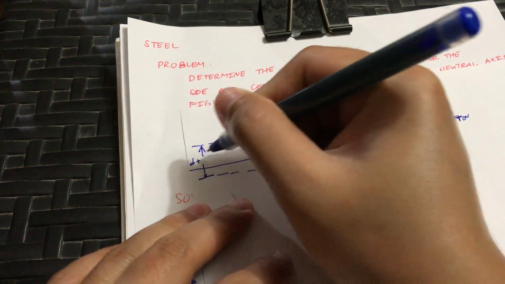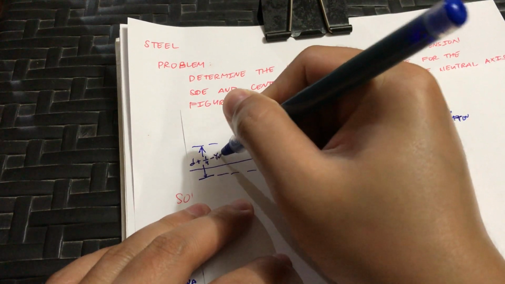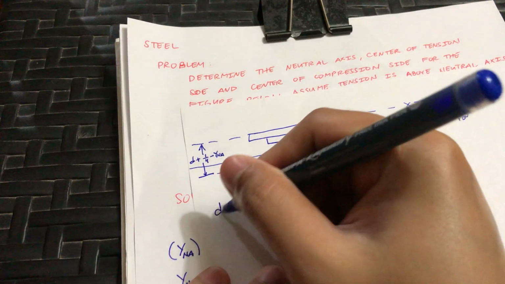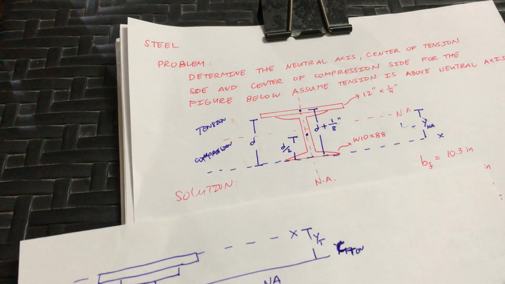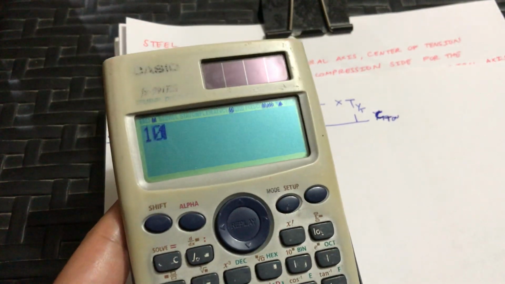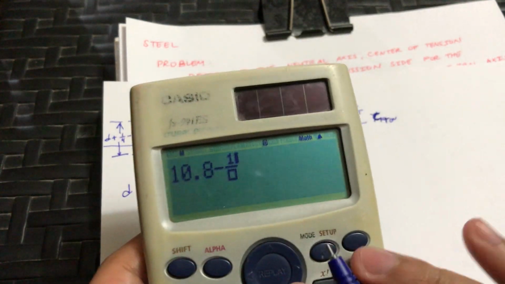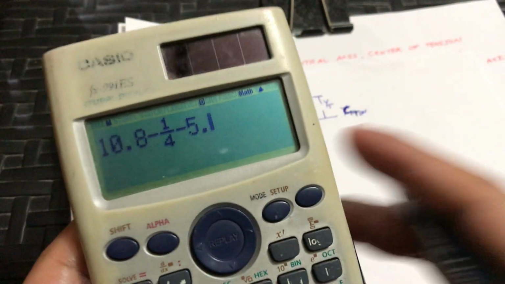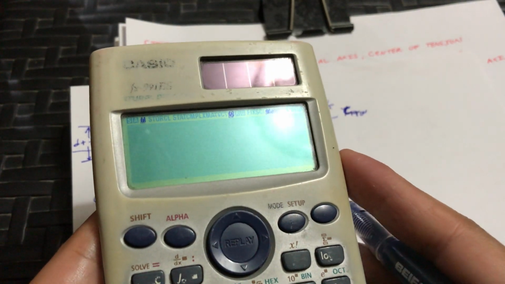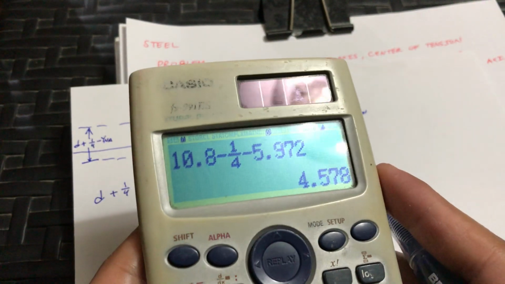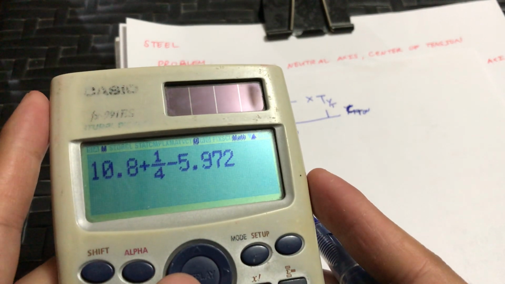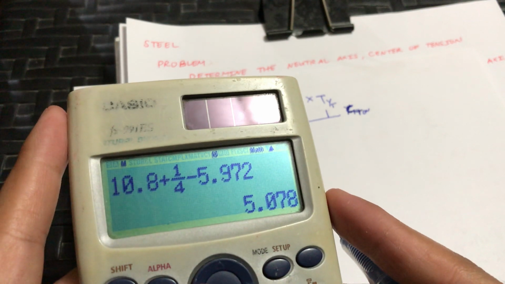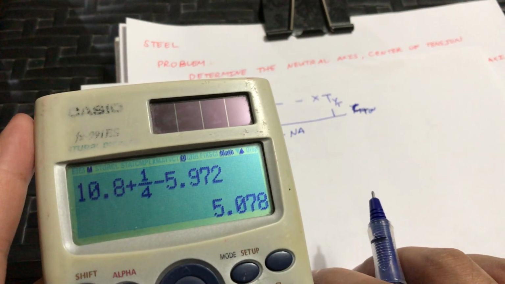So this is D plus the thickness of the plate, 1/4, minus YNA. We have D is 10.8, plus 1/4, minus 5.972, that is the Y location of the neutral axis. So this is 5.078.